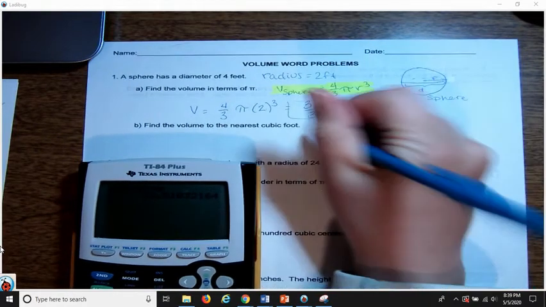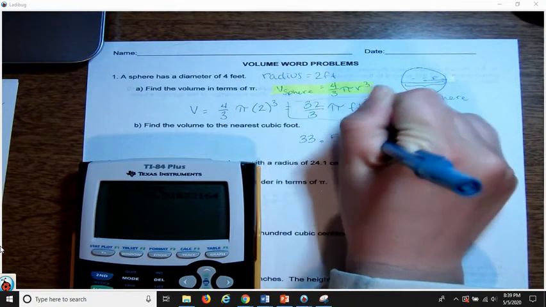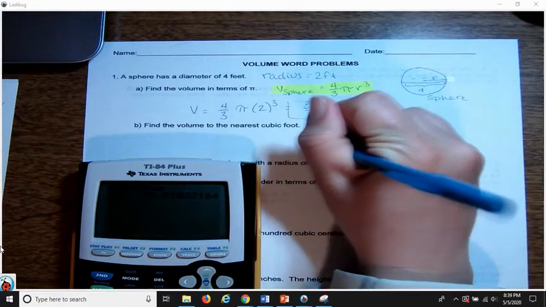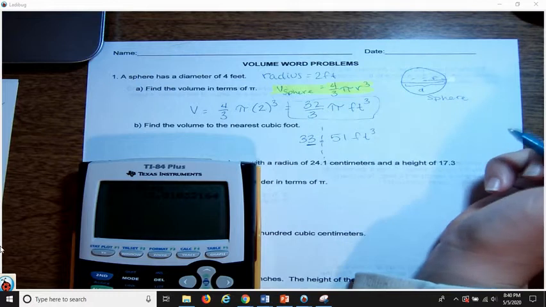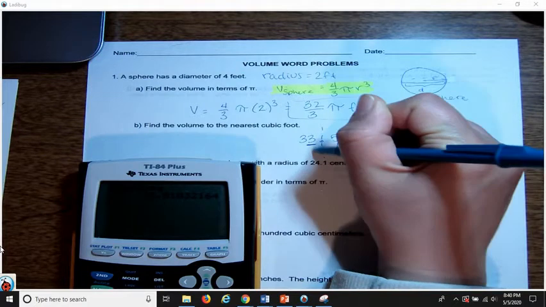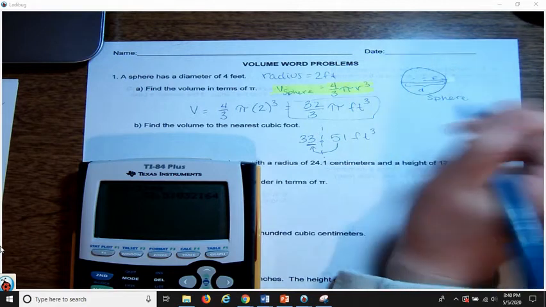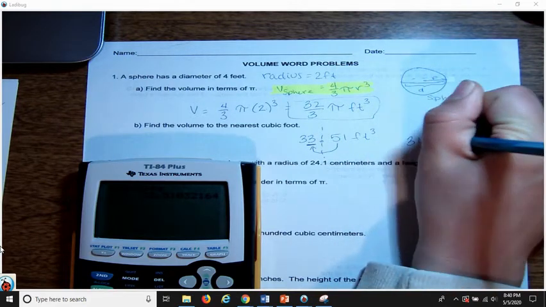So we have 33.51 feet cubed. But the nearest foot is this place right here. So I need to take my digit that's right after the place that I want, and round the next place up. So that 5 rounds that 3 up to a 4. So my final answer will be 34 feet cubed.